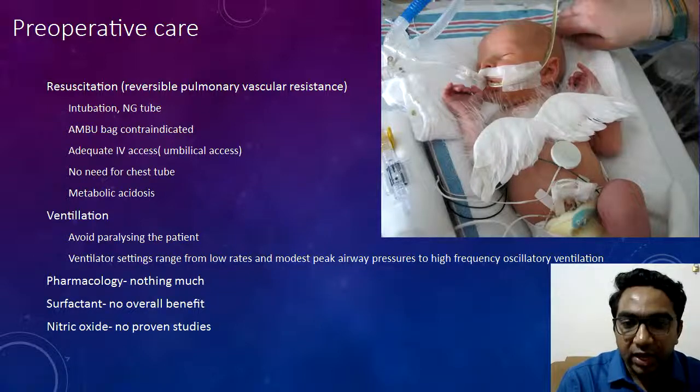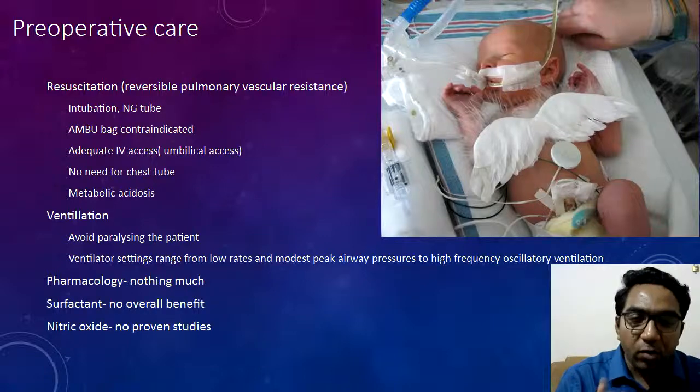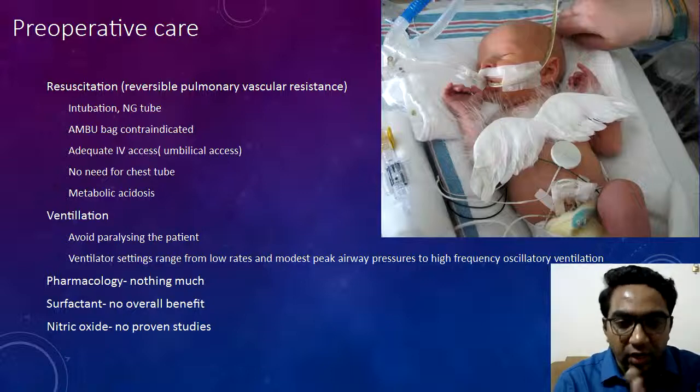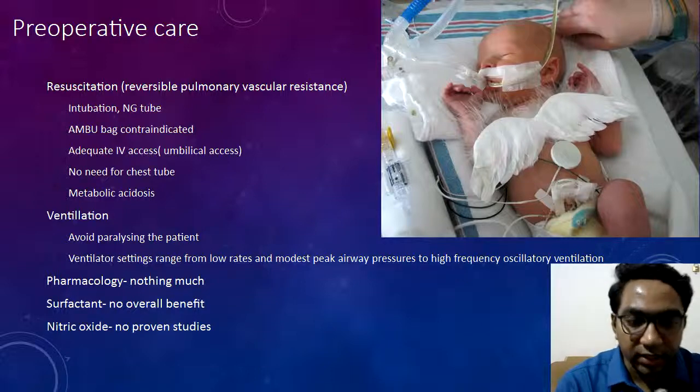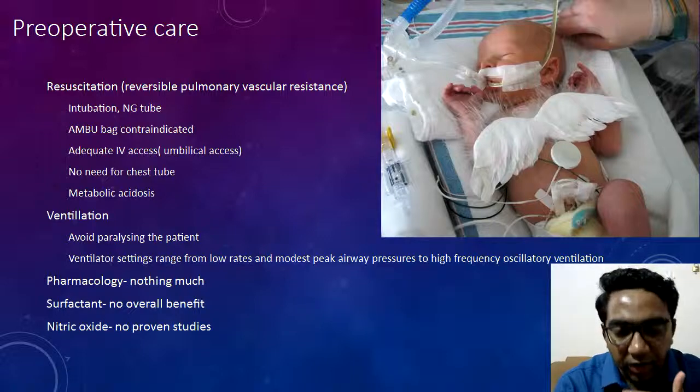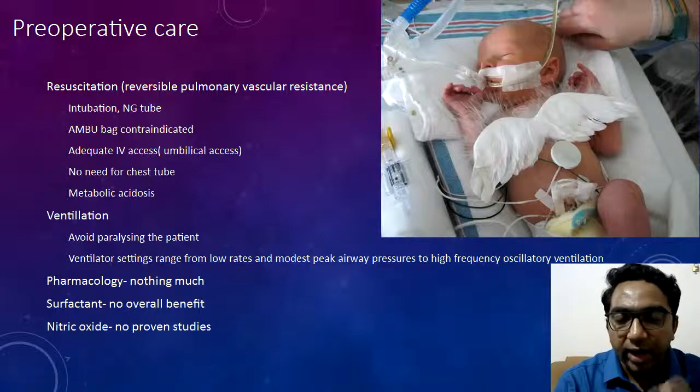For ventilator settings we can do two types. We can either set a range of low rates and moderate peak airway pressure, or use a high frequency oscillatory ventilator. Initially the low rates and modest peak airway pressure are better. We give a low rate and an adequate airway pressure so that the alveoli can expand.